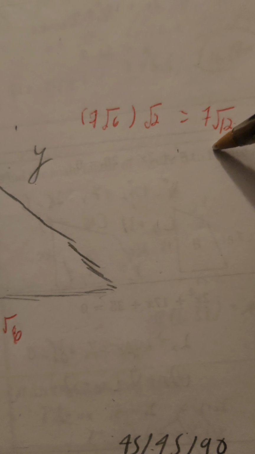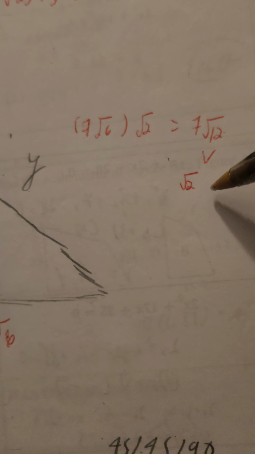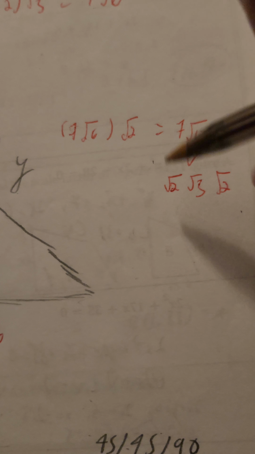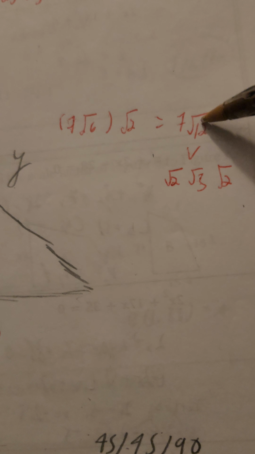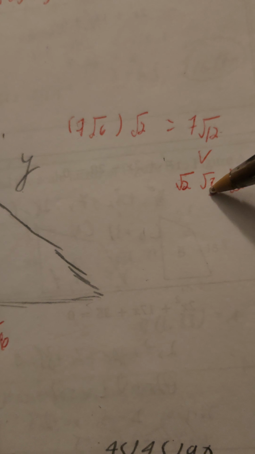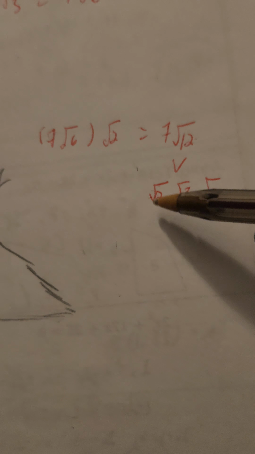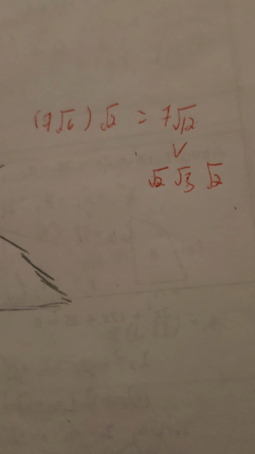So we're going to break this down into root 2, root 3, and root 2. 2 times 3 is 6, and then 6 times 2 is 12. And if you look at these numbers, they can't be broken down any simpler than that, right? So we know with the radical rule that the square root of 2 times the square root of 2 is just regular 2.